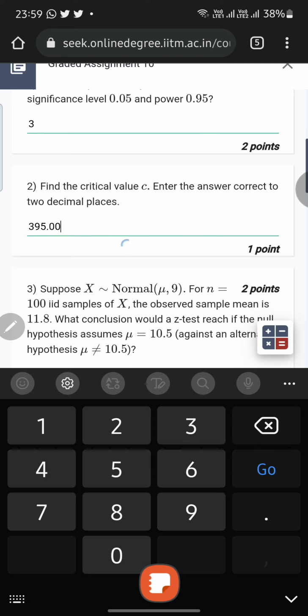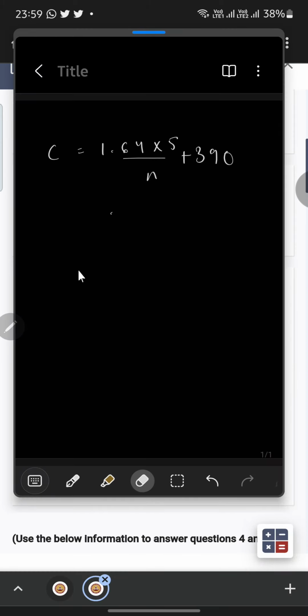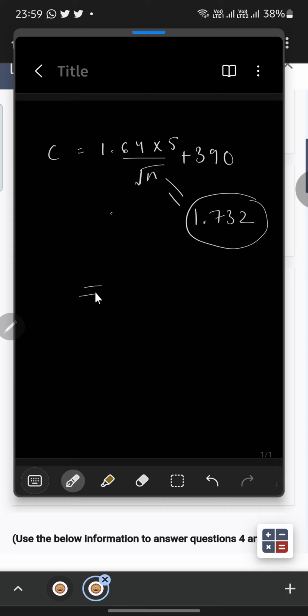They could have used root n as root 3. Oh, they must have used that. Root n is equal to 1.732. You can use that and you'll get just an approximate answer, but I'm sure that value will be closely equal to 395.